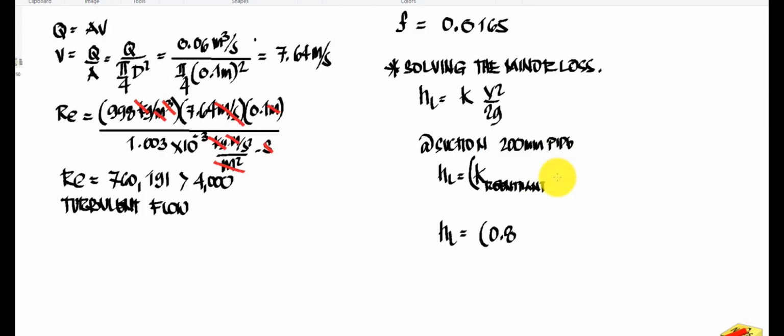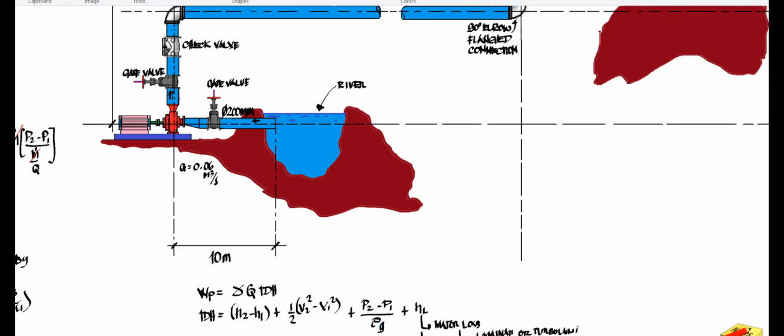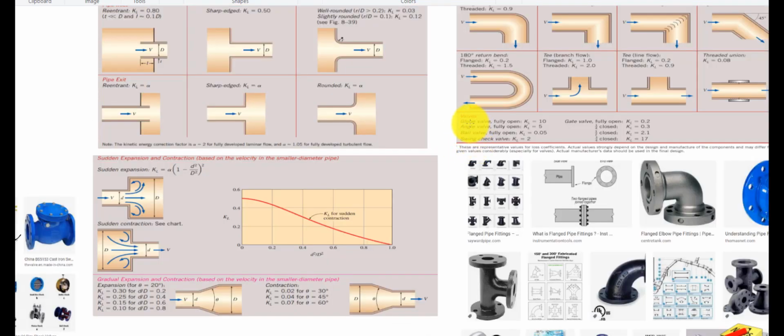Then we're going to add the K of the gate valve, GB, acronym of gate valve. Looking at the figure, the gate valve here is fully open. Checking this one, we have globe valve, angle valve, ball valve, swing check valve.